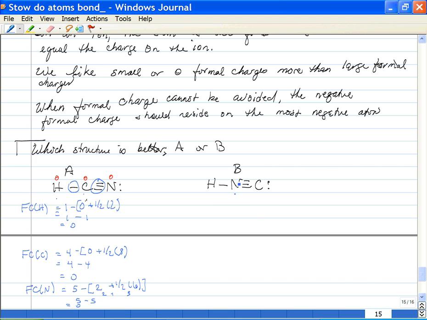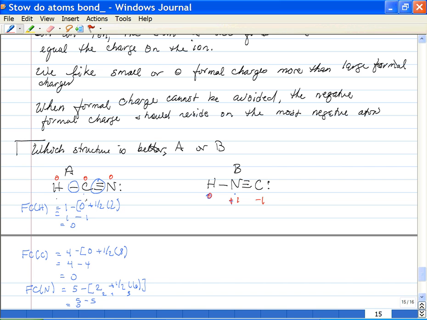So basically, in this case, nitrogen has less electrons in the bond than it came in with, and carbon has more. But although it's not the ideal structure, we still see that the total formal charge is equal to the charge of the atom.